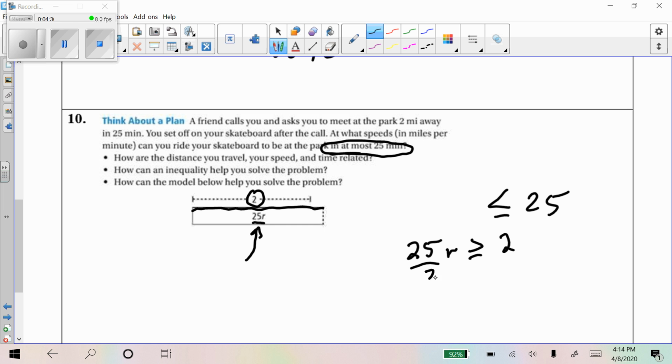So if you divide now by 25, you get your rate is greater than or equal to 2/25 miles per minute, which is like 0.08 miles per minute.